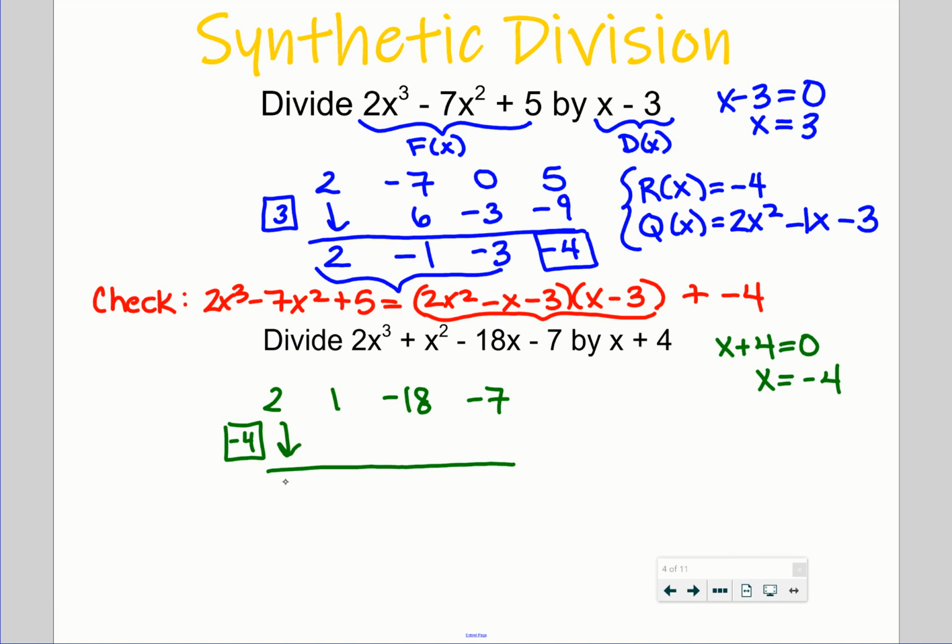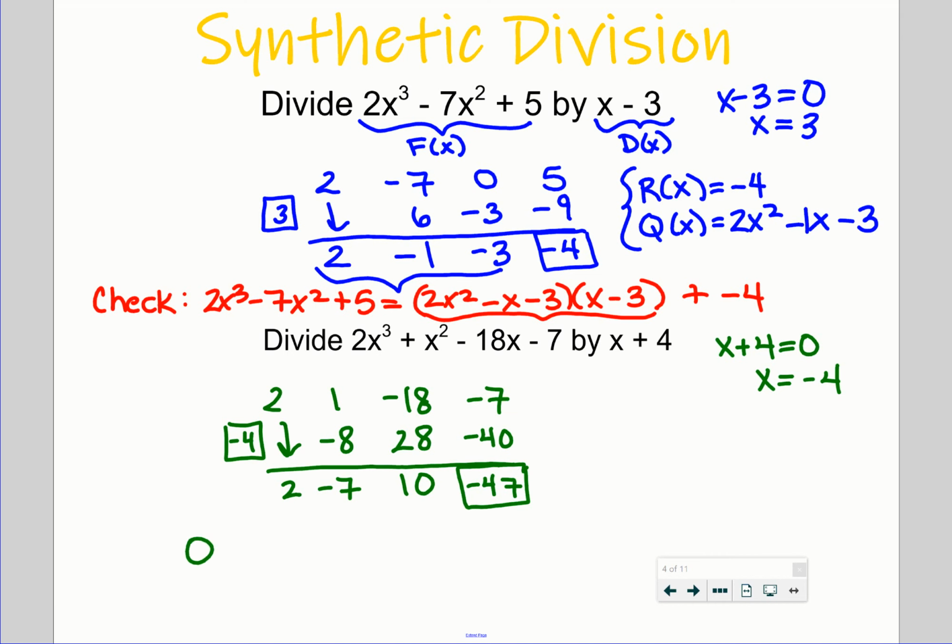Bring down my first number, and then we're going to multiply and add. Multiply, -8, add, -7. Multiply, 28, add 10, multiply, -40, add, -47.